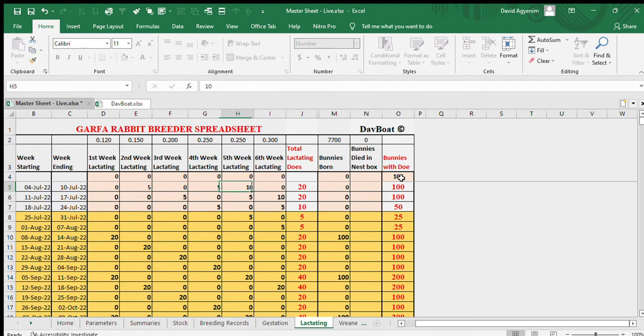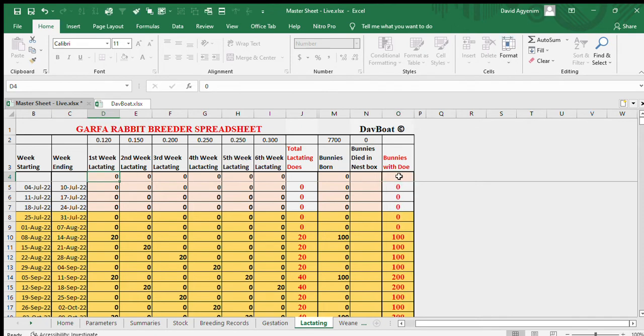So it will be 20 does, and they will be taking care of the 100 bunnies. This is how you go about it for an existing farm.